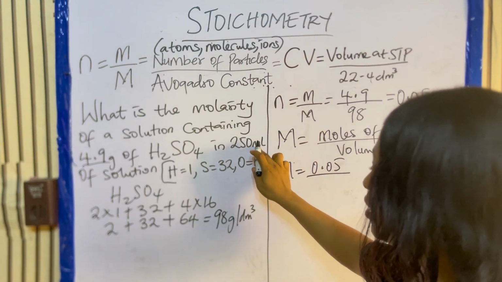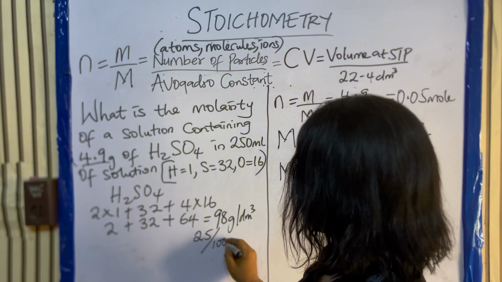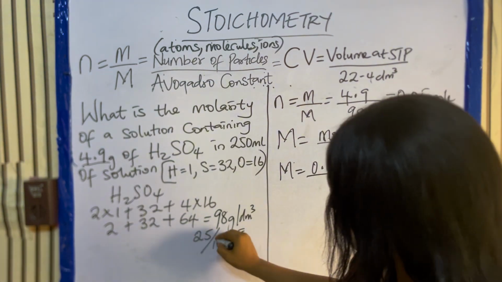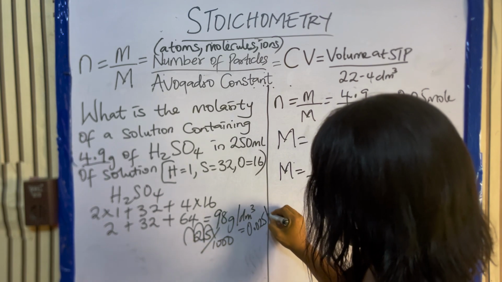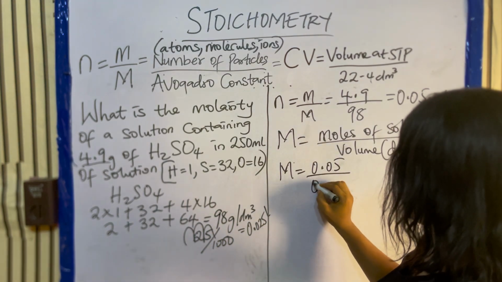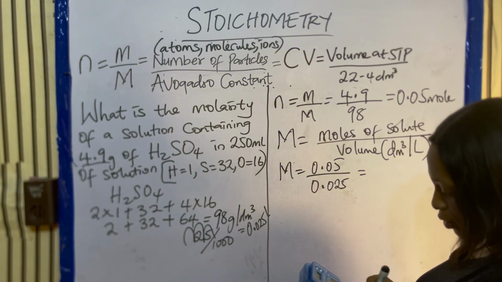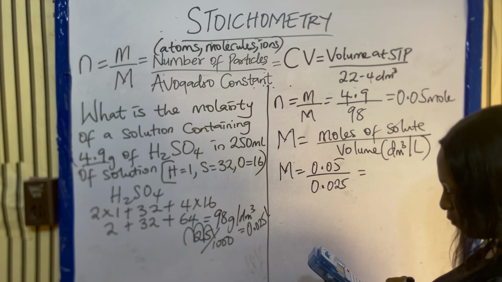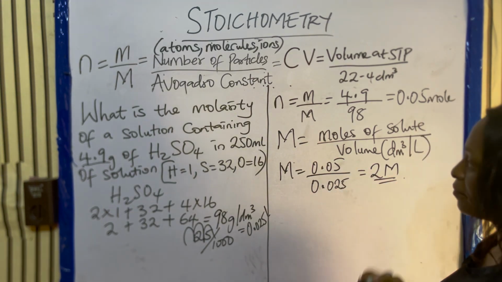So this is in milliliter. We are going to convert this milliliter to liters by dividing by 1000. So this will give us 0.025 liter. So we're going to press our calculator. 0.05 divided by 0.025 will give us 2 molarity. Answer.